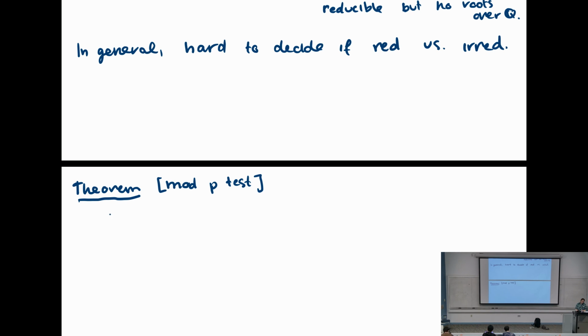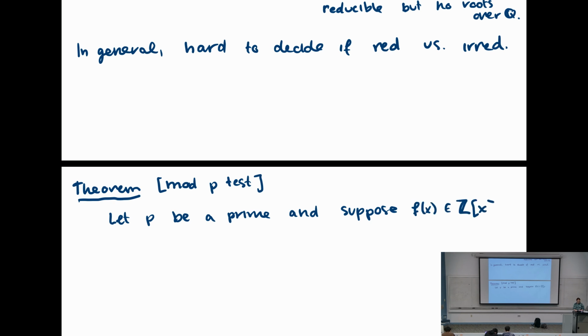So this says we'll let p be a prime, and suppose we have a polynomial f with integer coefficients, and suppose the degree of f is greater than or equal to 1.